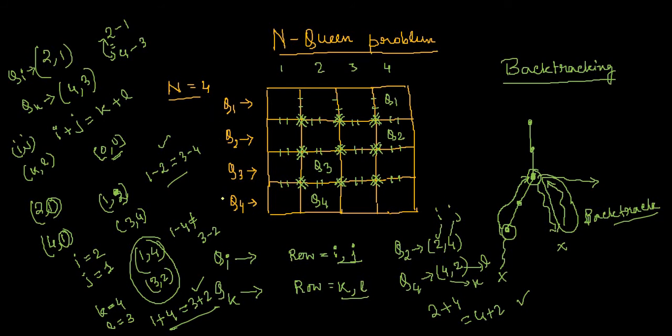And when the king realizes that there is no position for placing a queen, the king will go back to the previous queens and request them to relocate to the next room if possible. And this is nothing but backtracking.